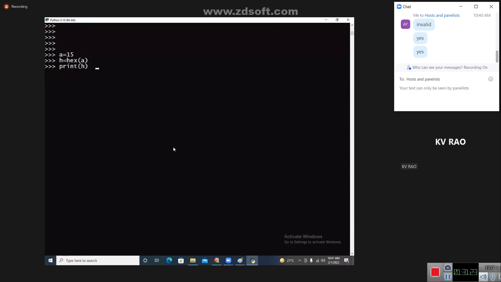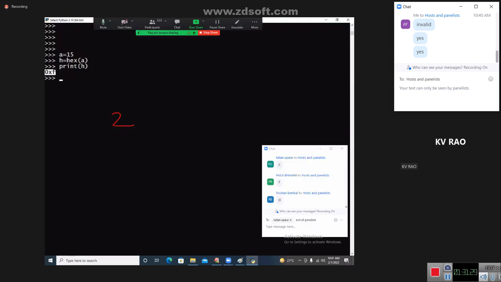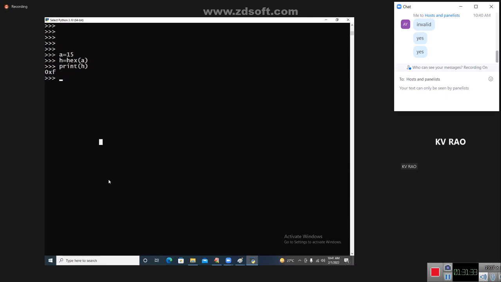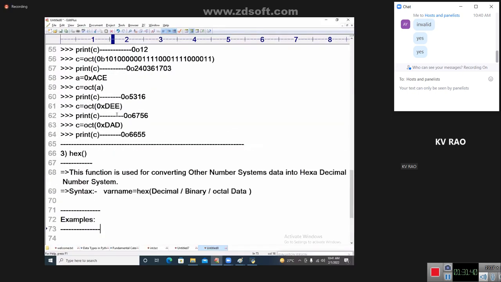My dear students, it is printing 0xf, no problem, because it is a value. I told you already, small and capital letters, there is no problem at all. Anyone can print it.